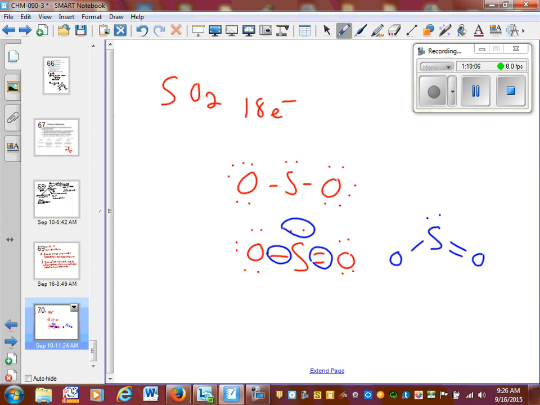Is that going to be a polar or nonpolar molecule? Polar, because the oxygens aren't opposite each other. Remember, the double bond actually flip-flops back and forth, so it kind of evens out.